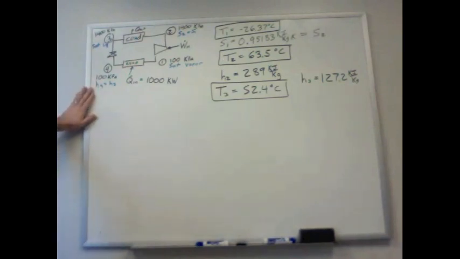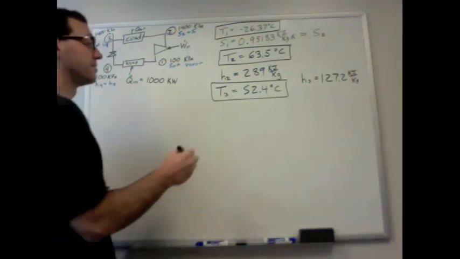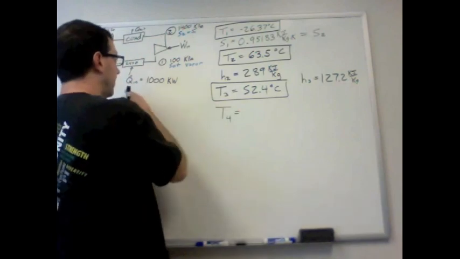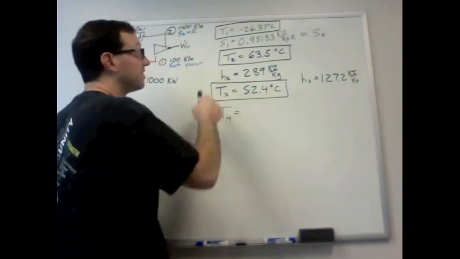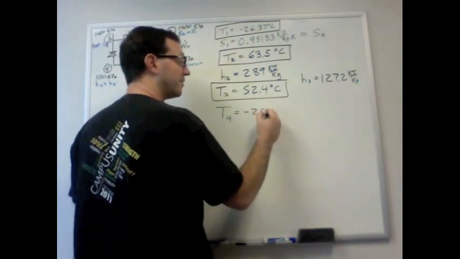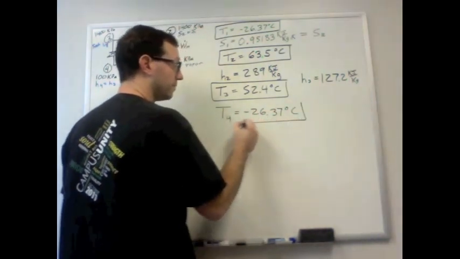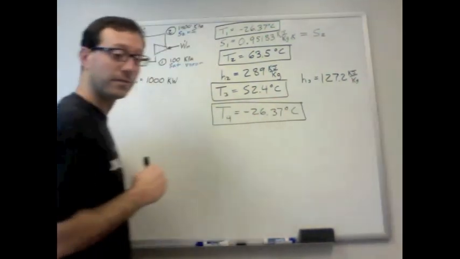Now we have the enthalpy at 4 and the pressure of 100 kilopascals. So we go to 100 kilopascals, we see that our enthalpy falls between Hf and Hg, which means it's a saturated mixture at 4. Since it's a saturated mixture, T4 must be the saturation temperature at 100 kilopascals, which is actually the same as T1, negative 26.37 degrees.